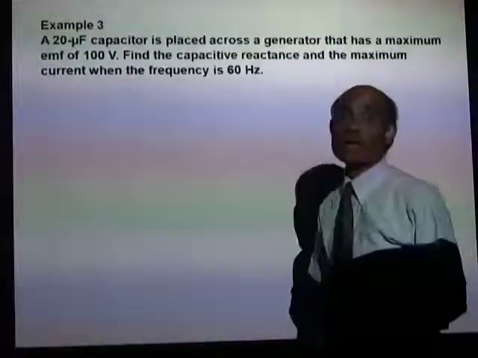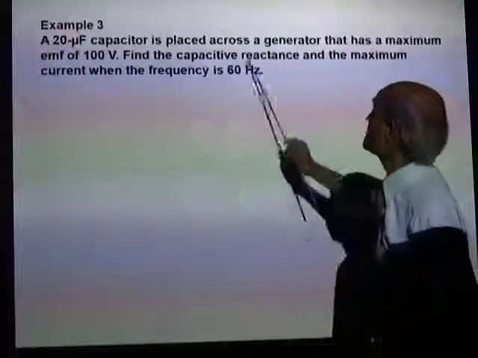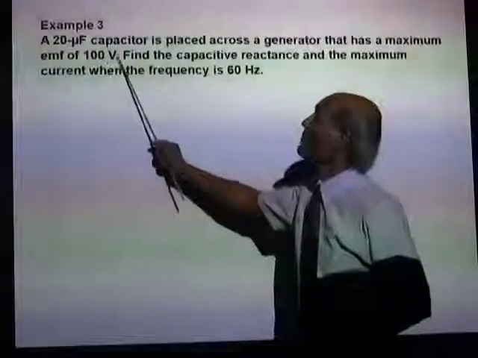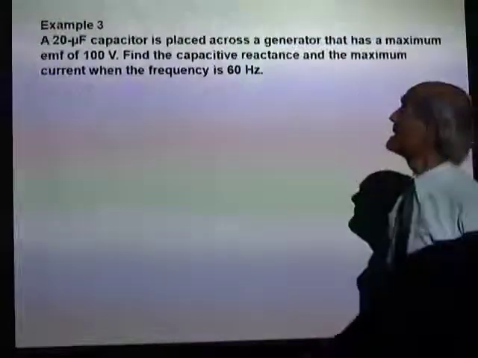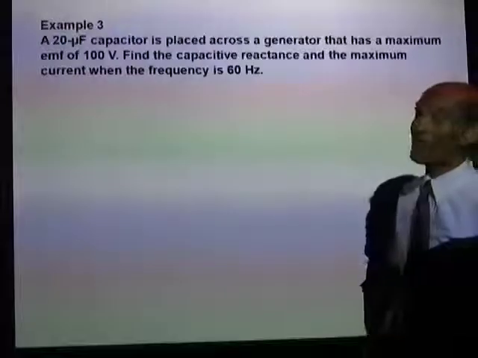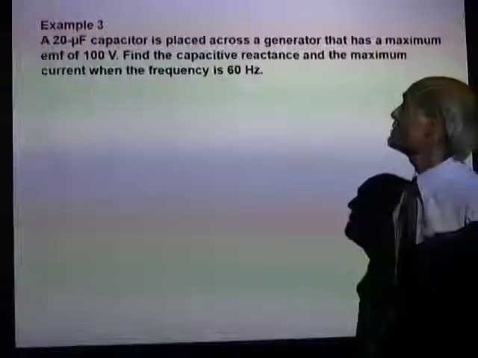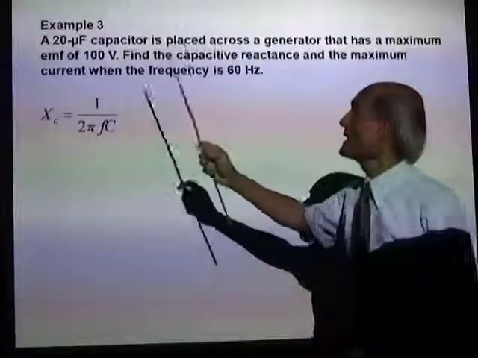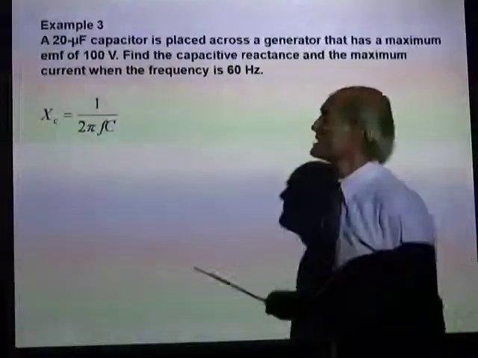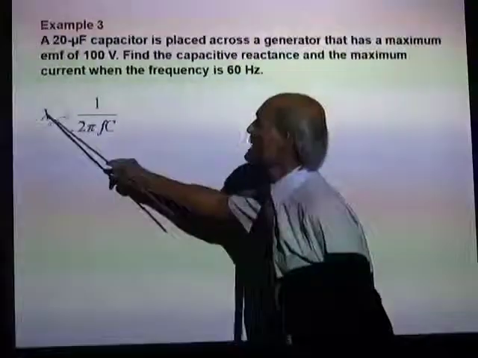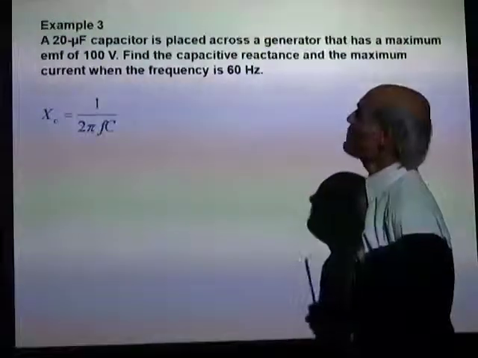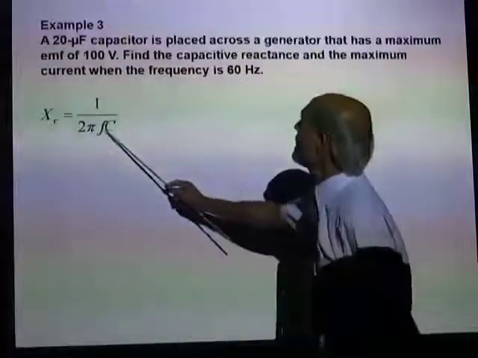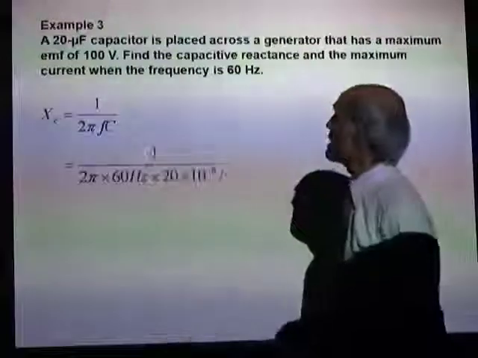Another example. A 20 microfarad capacitor is placed across a generator that has a maximum EMF of 100 volts. That is the Emax. Find the capacitive reactance and the maximum current when the frequency is 60 Hz. Well, always start by picking the data and then, of course, looking at the relevant equation. The capacitive reactance X sub C is 1 over 2 pi fC, where we know the frequency is 60 Hz and the capacitance is 20 microfarad.